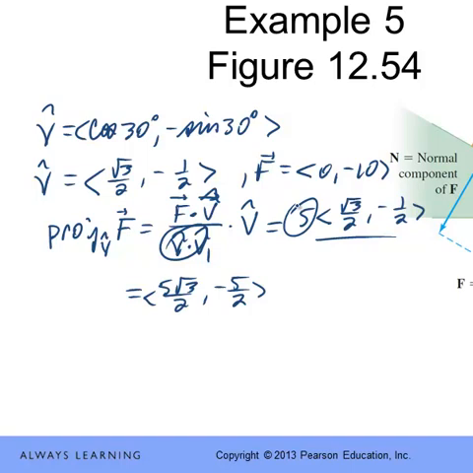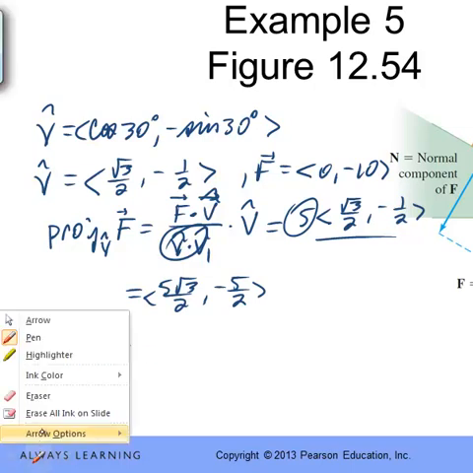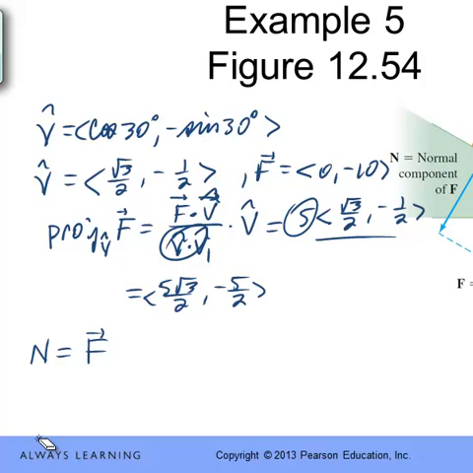All right. Now, if you want to find the normal component of F, which is the blue vector right here, the component that's perpendicular to the surface of the ramp, that's just going to be the downward force F minus the projection. See, I can't talk and write at the same time.